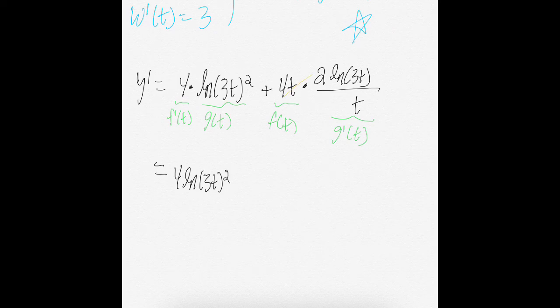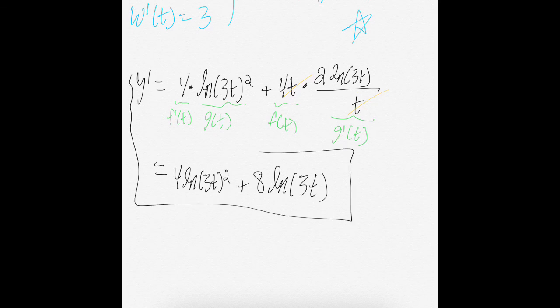And this will simplify a little bit. And so that's equal to 4 ln 3t squared. Let me see, I've got a t here dividing by a t here, so those cancel. And looks like I've got plus 8, because I've got 4 times 2, ln of 3t. Oh boy. So that was a fun one, but it looks like we have figured it out.